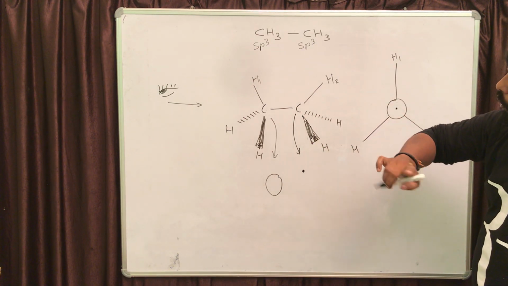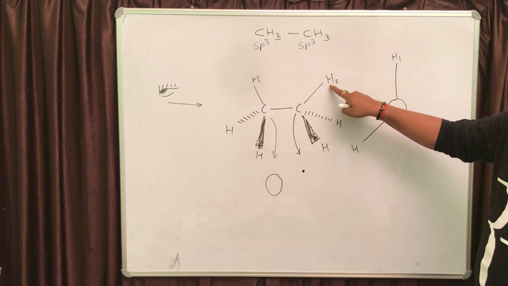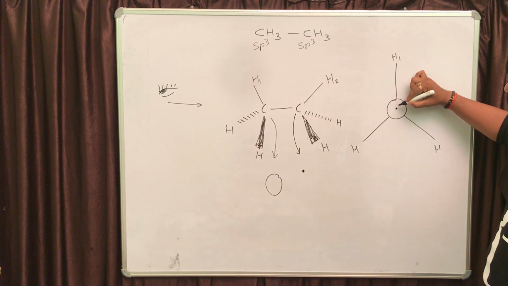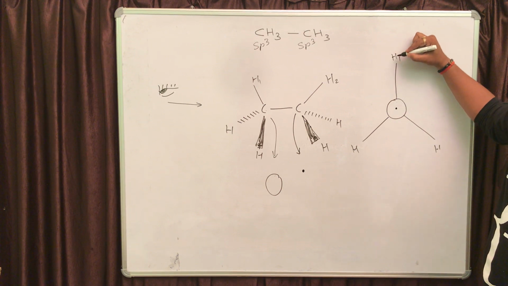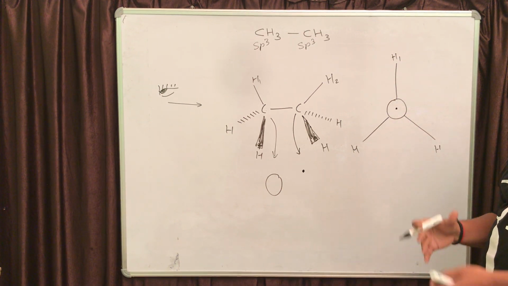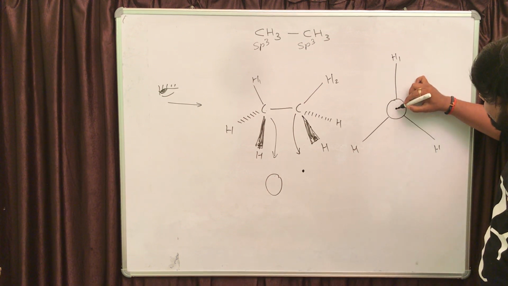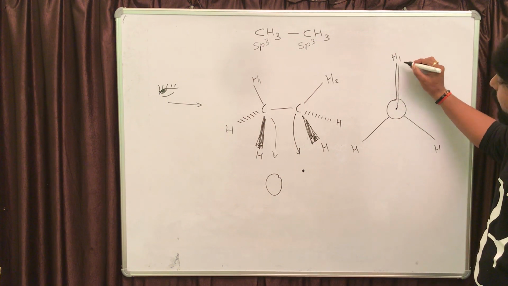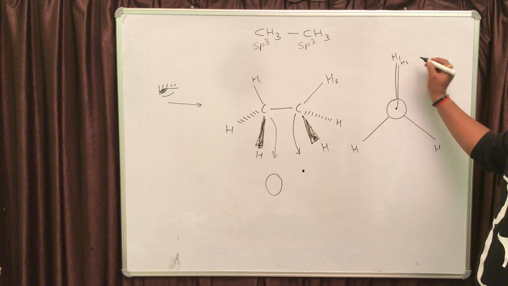If you want to draw the carbon and second H2 single covalent bond, it will overlap with the carbon and H1 bond, right? So just to look good, I am making some gap. Otherwise, in the practical situation, it is going to overlap over one another. So here it will be hydrogen 2, right?